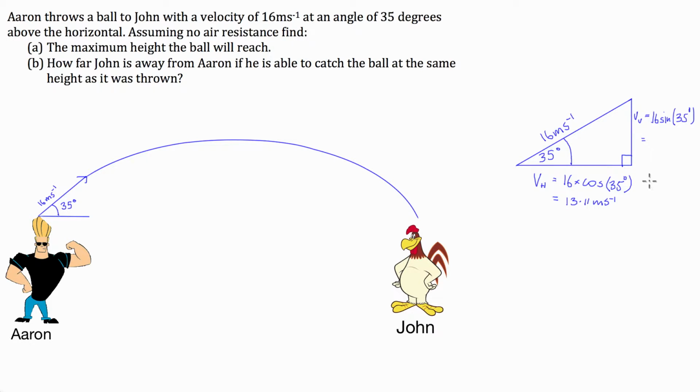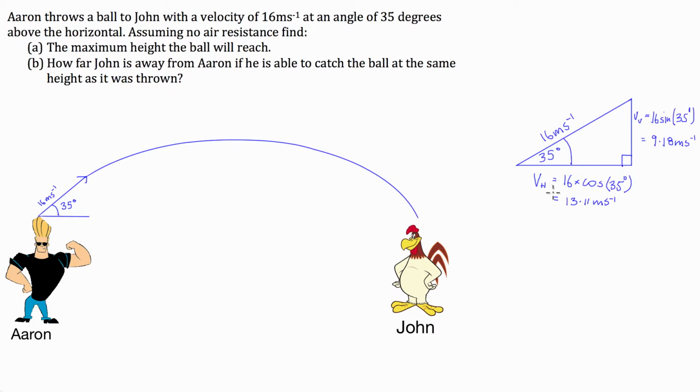And that's going to equal 9.18 meters a second to the negative 1. Now, both of these values here obviously have been rounded. I just take them usually to 2 decimal places as a rule of thumb. If you're doing an exam, it'd probably be worthwhile just checking what sort of accuracy the examiners like you to carry through problems. But for me, I'm just going to be using 2 decimal places.